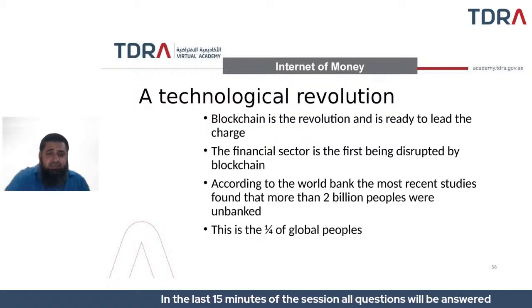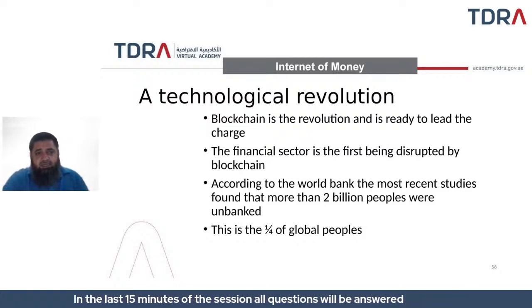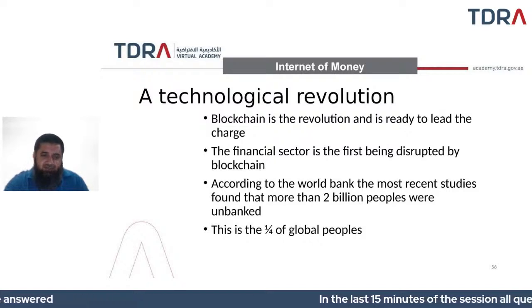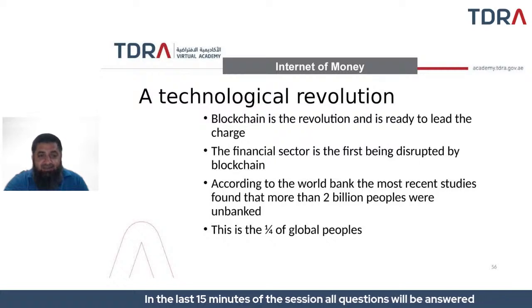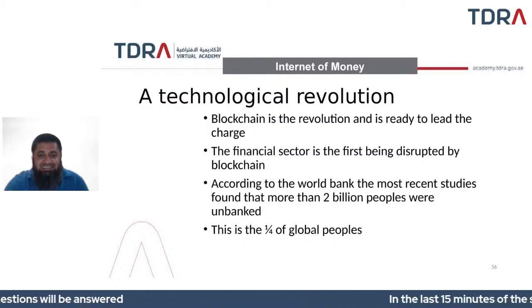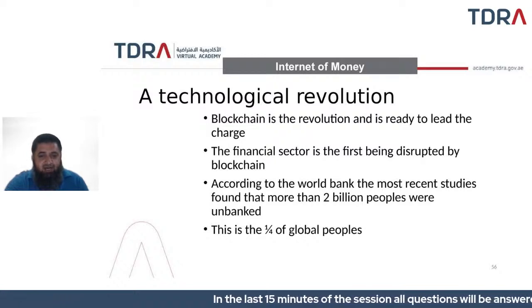A technological revolution. Blockchain is the revolution and is ready to lead the charge. The financial sector is the first to be disrupted by blockchain. About 2 billion people have been unbanked since the birth of the first cryptocurrency, Bitcoin. According to the World Bank, the most recent studies found that more than 2 billion people were unbanked.